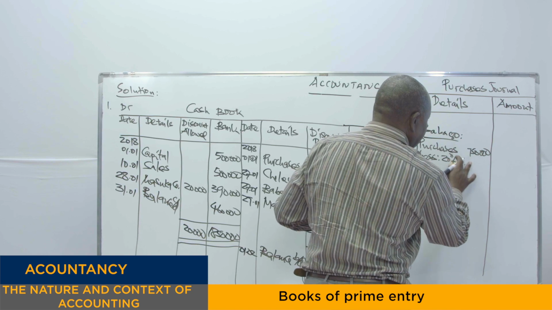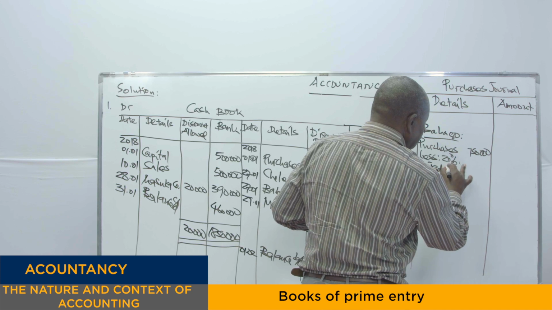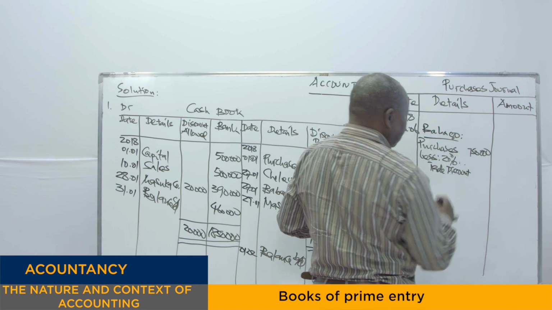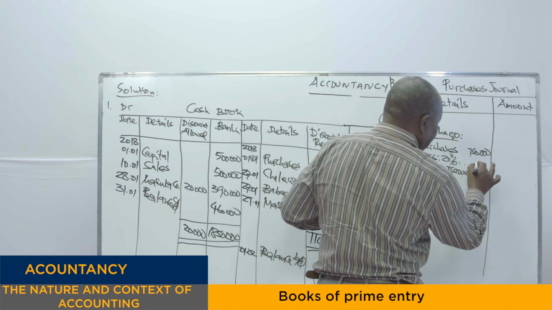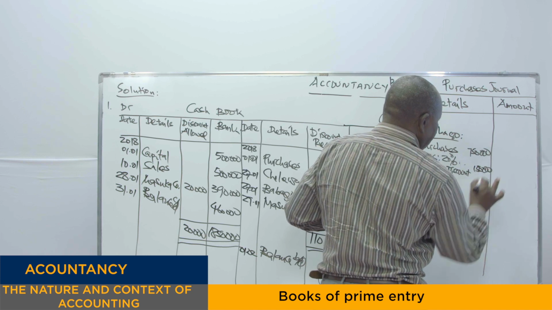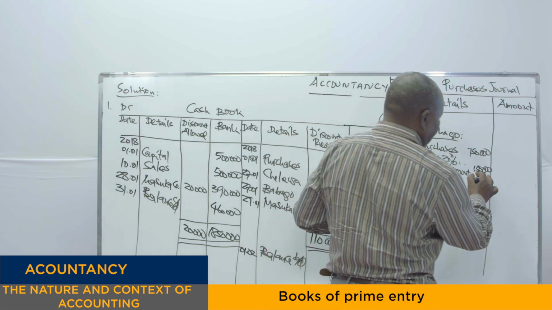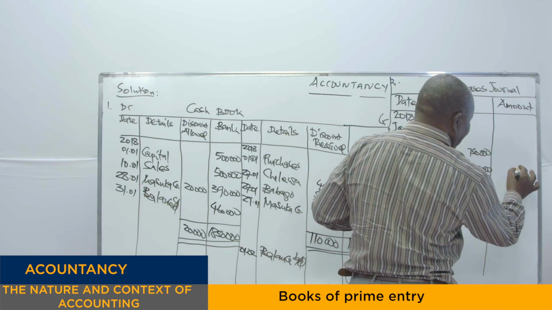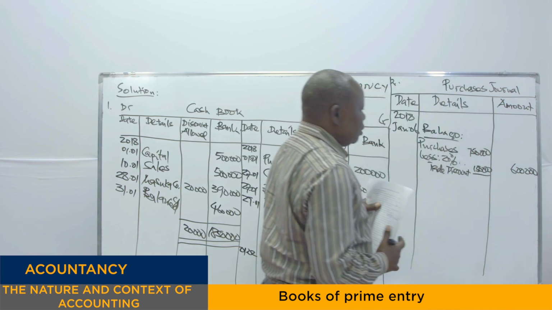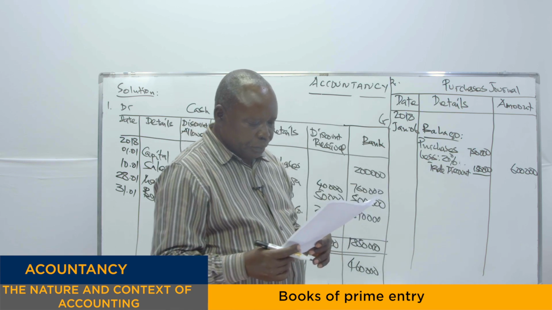Or just right here, less 20% trade discount. So the 20% is 150,000. So the amount now, this one minus this one, is 600,000. So that is the amount which will be in the invoice.